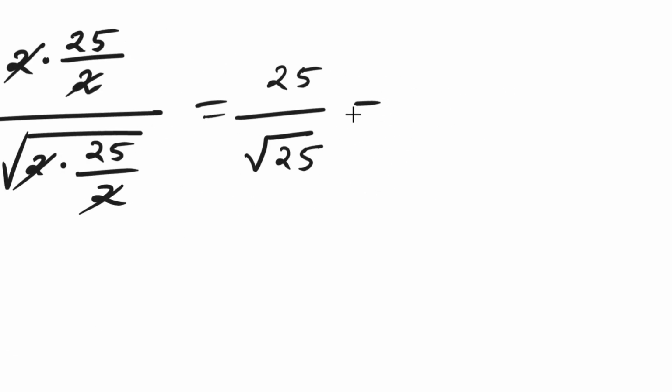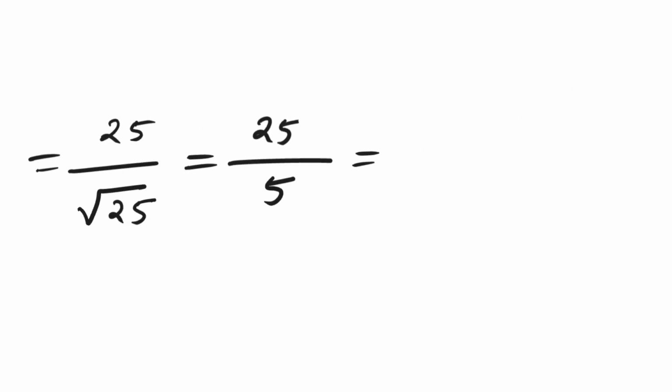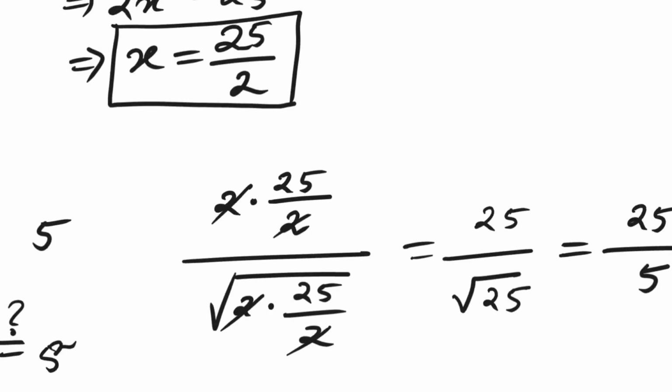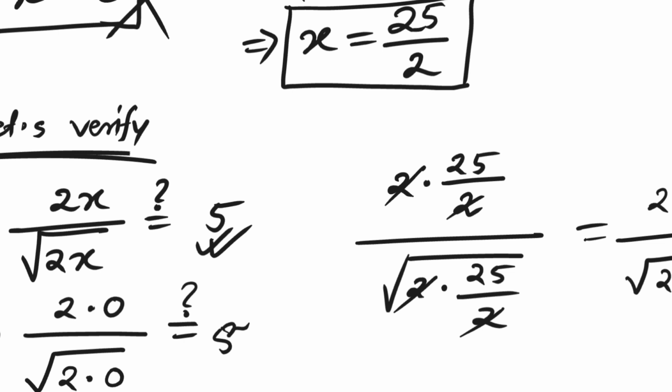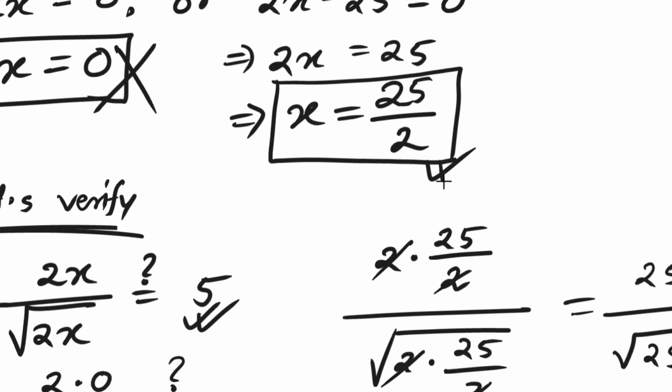The square root of 25 is 5, so we have 25 divided by 5, which equals 5. This matches the right-hand side of the original equation perfectly, so this value satisfies the equation. Therefore, the only valid solution is x equals 25 over 2.